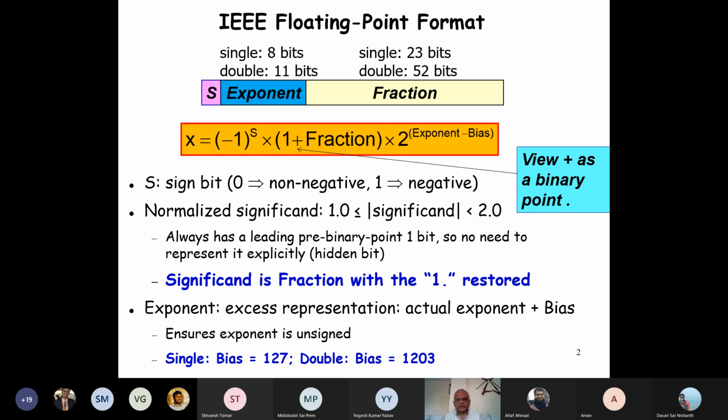And this 1 point fraction, so this is the whole part here, 1, and then there is an implicit binary point, and then there is the fraction. But you will ask me where is this whole part in the representation? We didn't show that, we just had sign, exponent, and fraction. The answer is that since it is always 1, it is not represented.